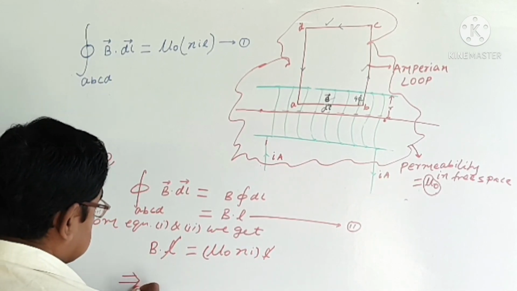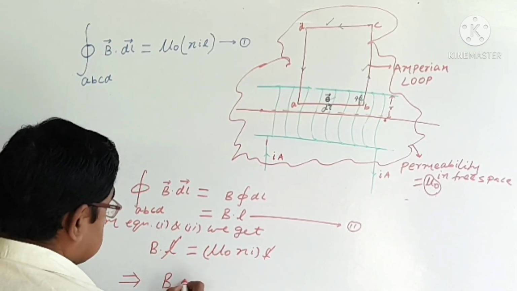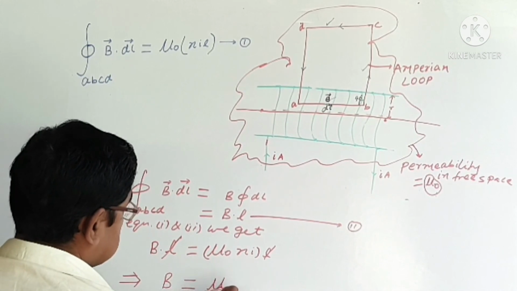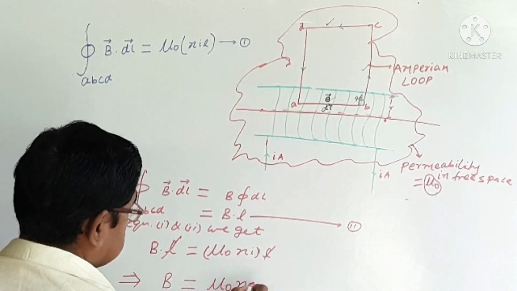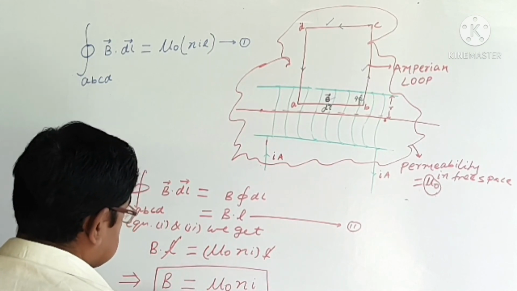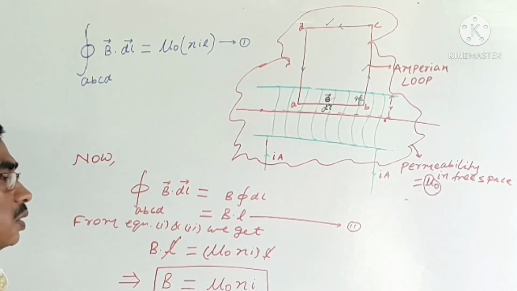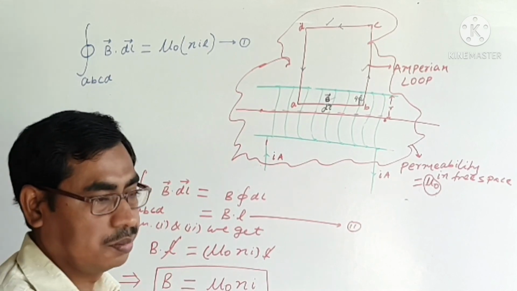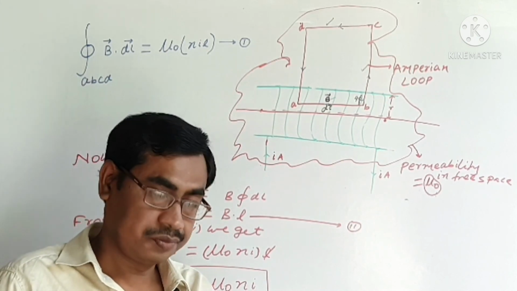So, finally, B is equal to mu naught times N I. This is the final value of the magnetic field intensity.